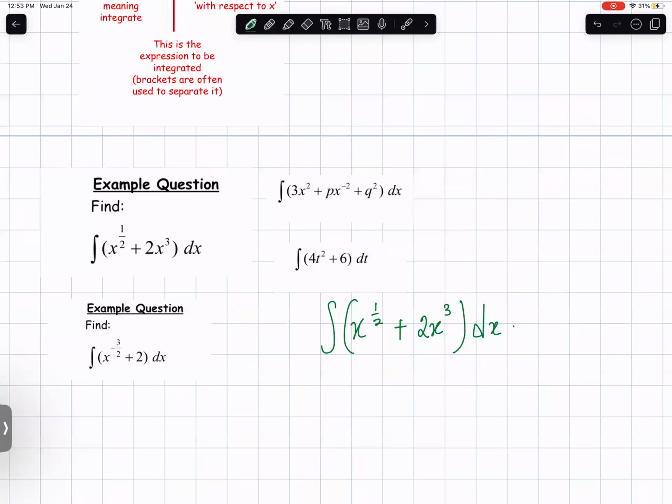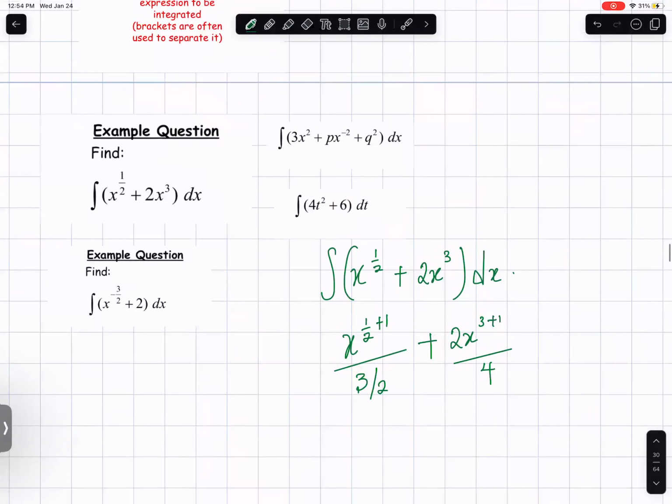So we have to integrate it separately, like I did in the first part of our integration. Integrating this expression, I have x^(1/2+1), which is 3 over 2, so divide this by 3 over 2, plus 2x^(3+1), which is 4, so divided by 4.